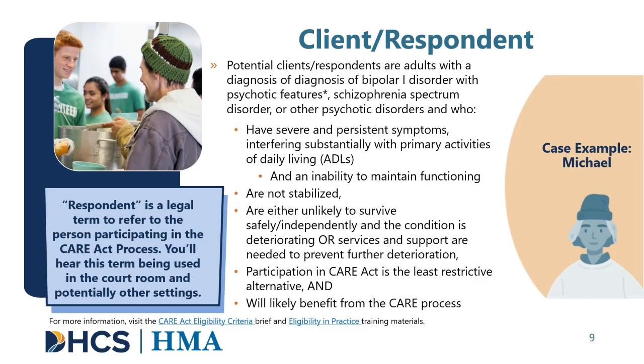The first role for us to discuss is the client or respondent. Keep in mind that the word respondent is a legal term, which refers to the person participating in the care process. This slide gives a summary of the eligibility criteria for folks who may access the care process. You can look at more detailed information in the CARE Act eligibility criteria brief and the eligibility and practice training materials.